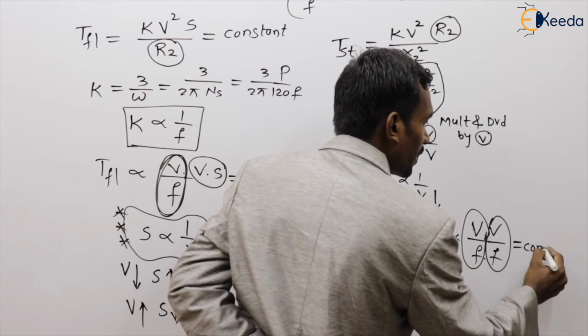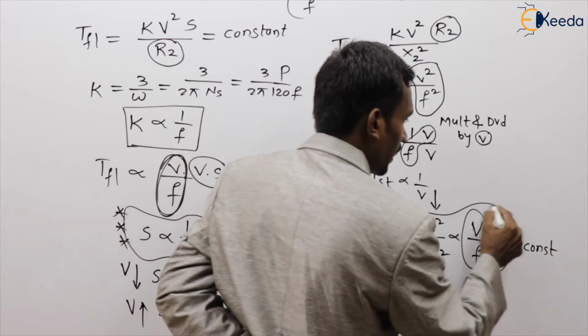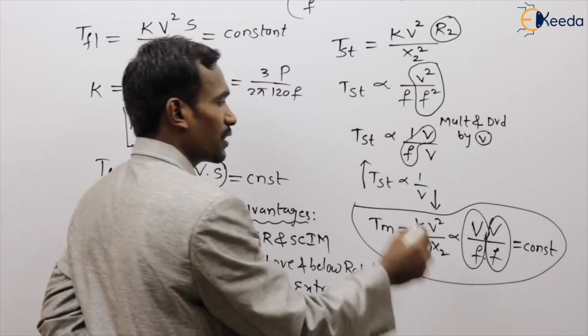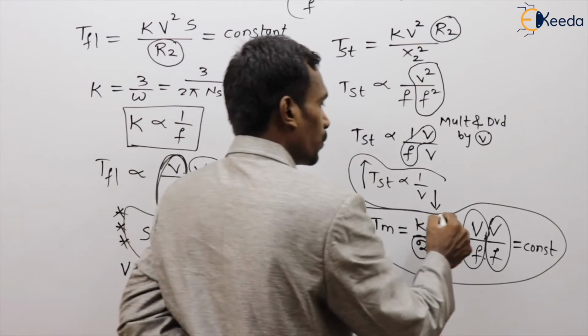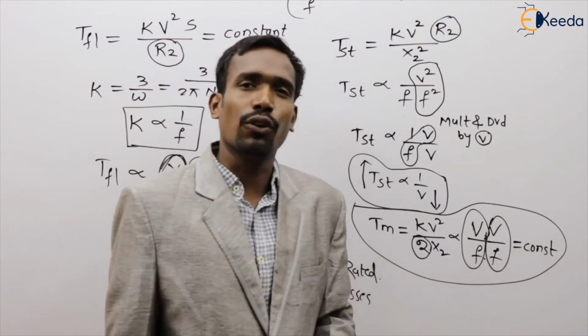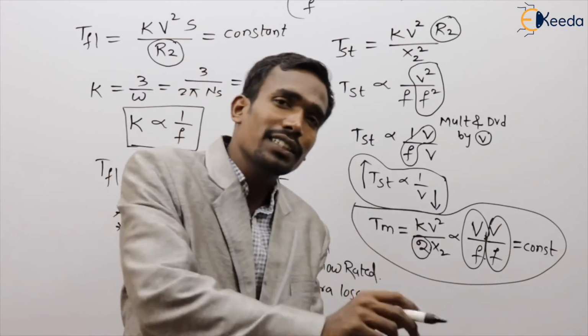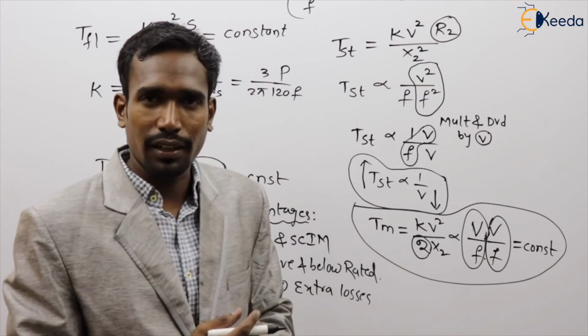Finally, the maximum torque is constant. Starting torque is inversely proportional to voltage, but maximum torque is independent of voltage. If voltage increases or decreases, there is no change in maximum torque.